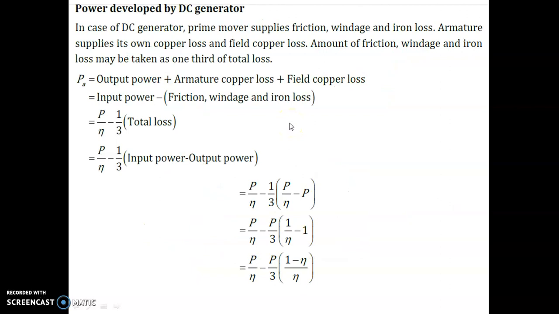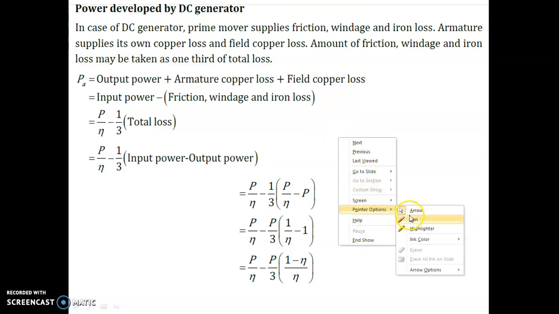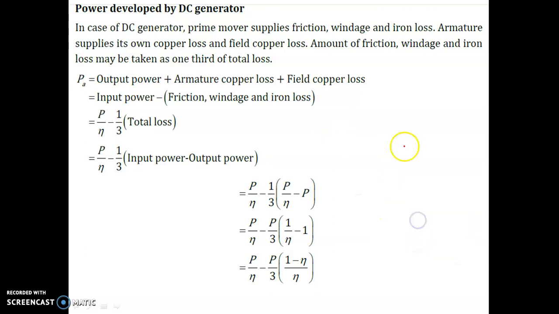Now another power developed by DC generator. In case of a DC generator, the prime mover supplies friction, windage and iron losses.